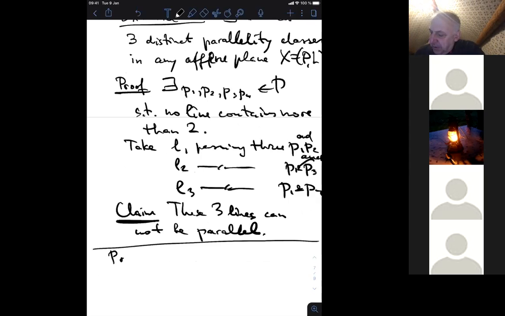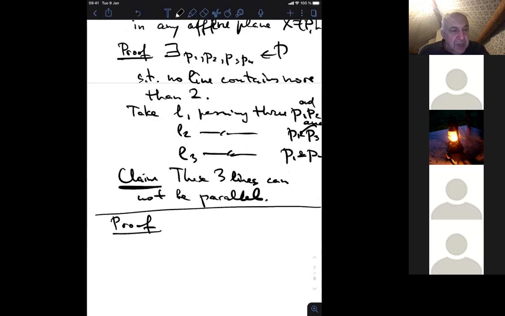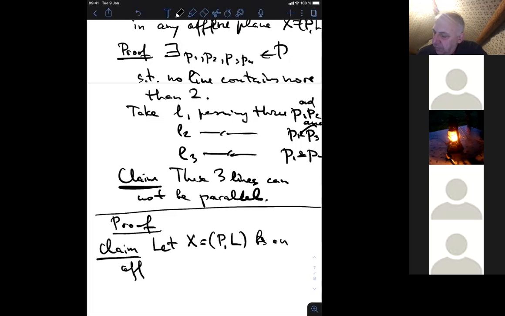So, proof of the main theorem. We need one additional claim here, which is a part of the proof, or maybe a separate statement. So let X be an affine line. Now fix some parallelity class.